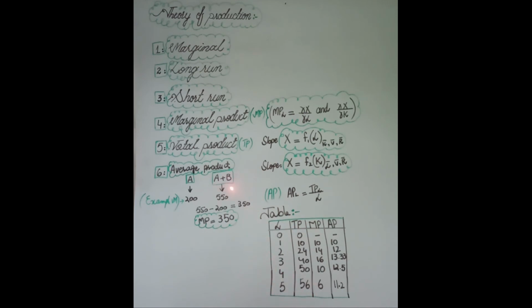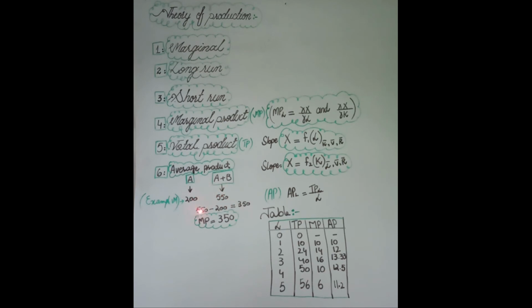Fine. Now I will explain the marginal product with this example. For example, a person A is working on a farm producing 200 pairs of jeans. He wants a partner, and person B comes to help him. So they are working together, and A plus B produce 550 pairs of jeans.